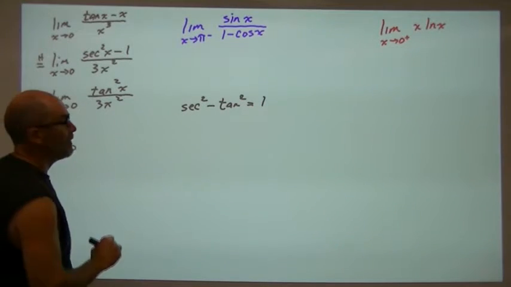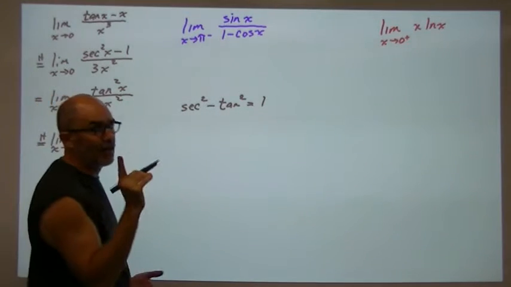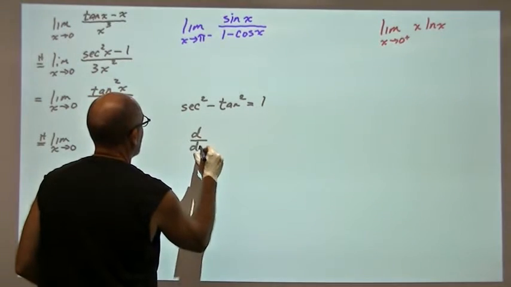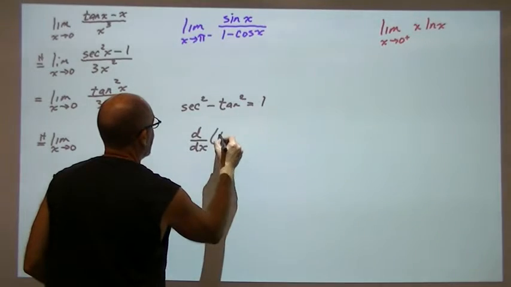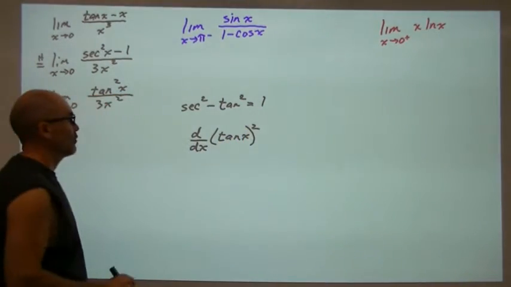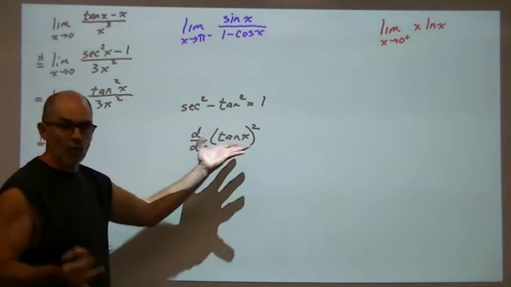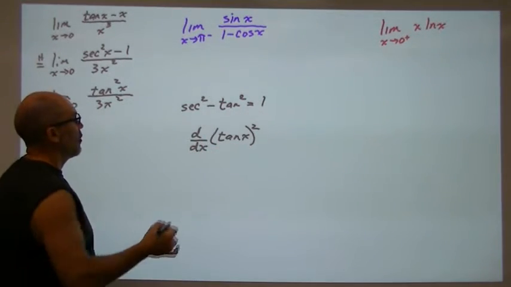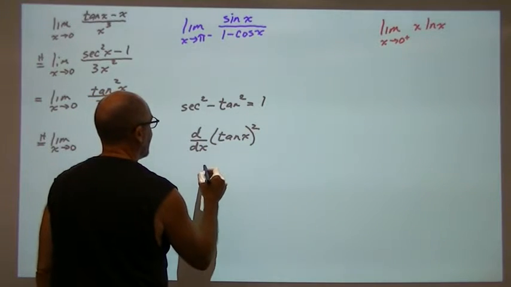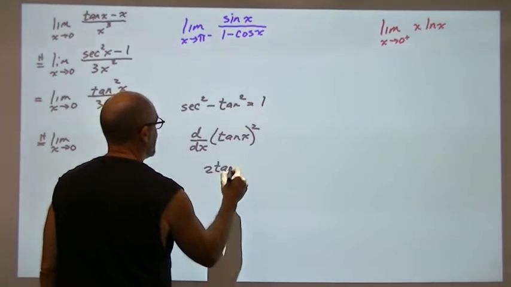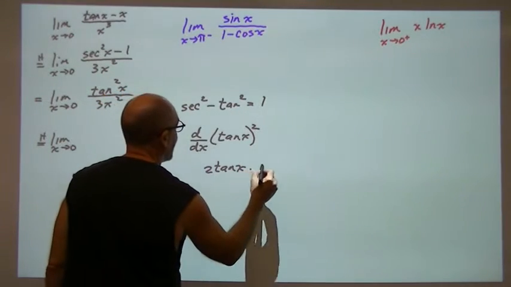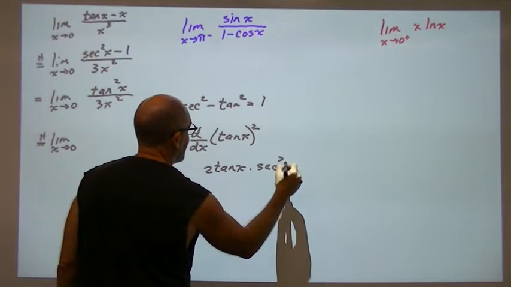Okay, now the derivative of tangent squared, you've got to be careful with this now. So the derivative of tangent squared is really the derivative of tangent x quantity squared. So I do the chain rule, so I have 2 tangent x times the derivative of the inside, secant squared x.